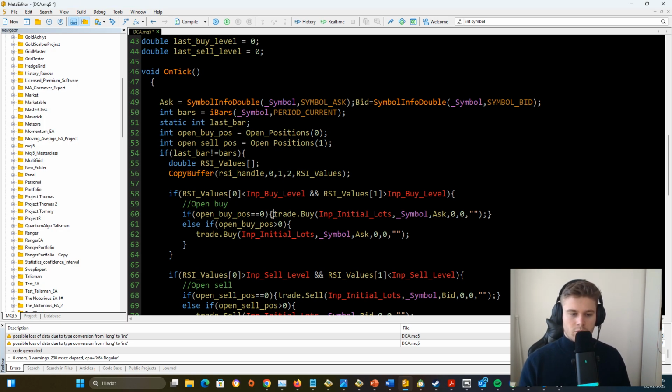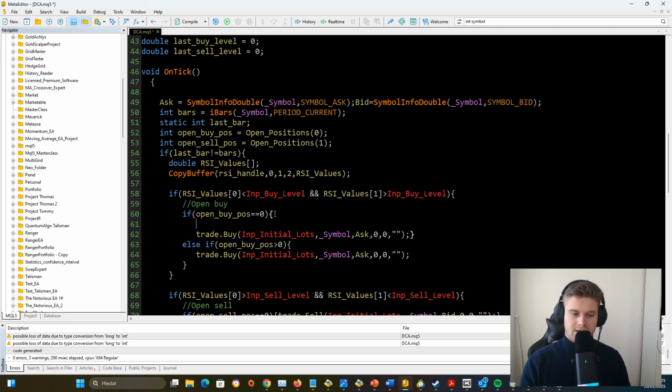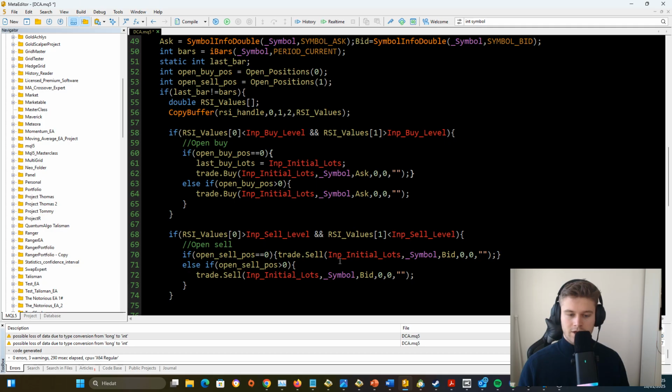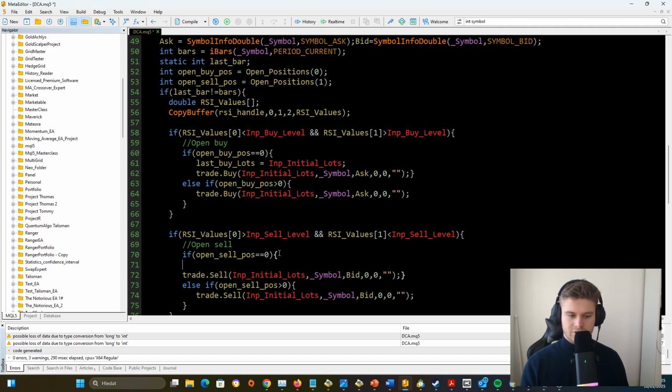So if we are working with our initial position, we can say that last buy lots is equal to input initial lots. And if we are working with the initial sell position, we can say the same thing. So last sell lots is equal to input initial lots.